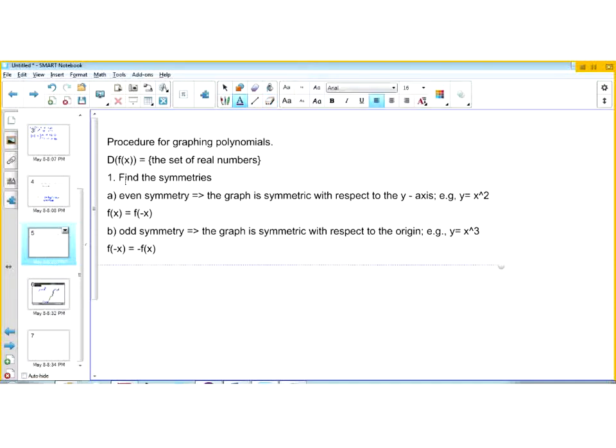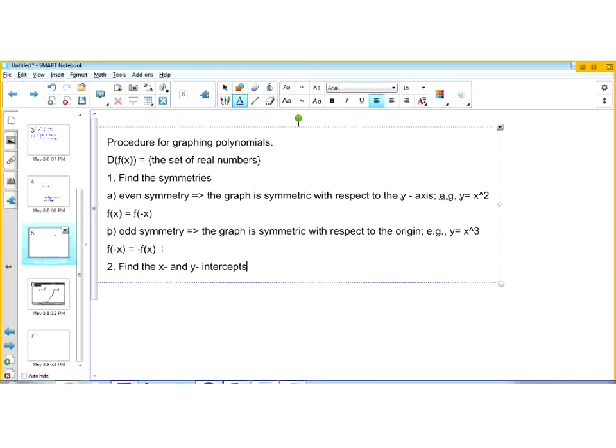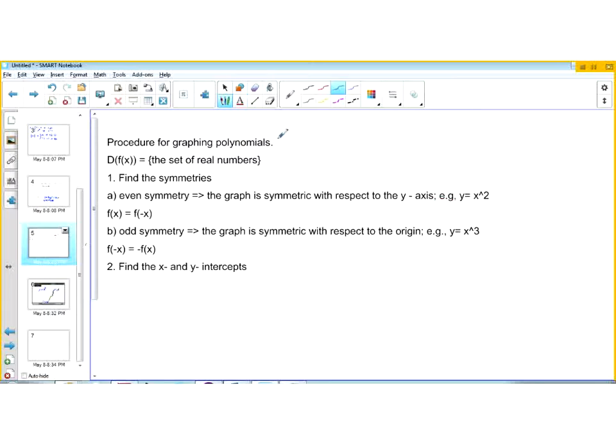The next thing we want to deal with when plotting polynomial functions would be to find the x and y intercepts. All right, so for instance, let me go ahead and give you a polynomial function. Let's go ahead and work with one.